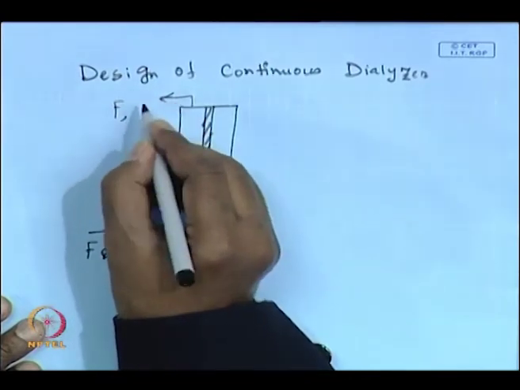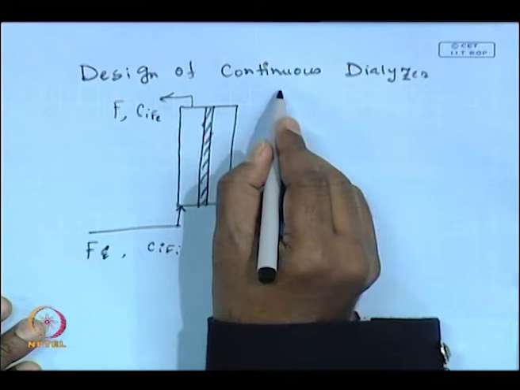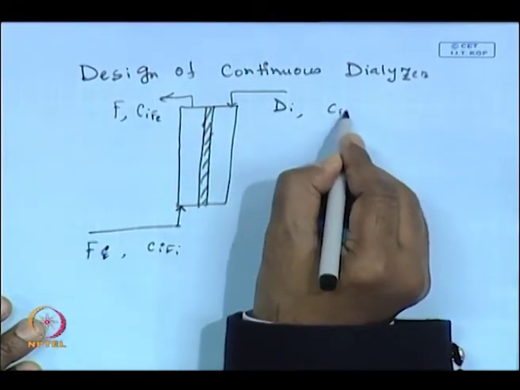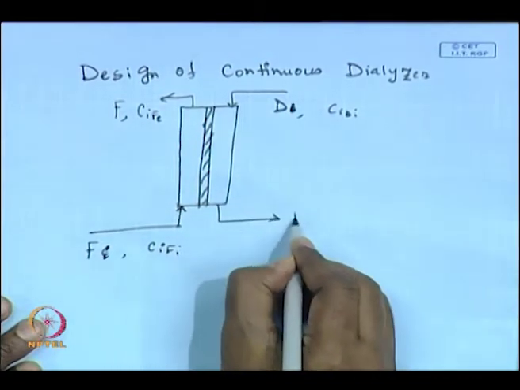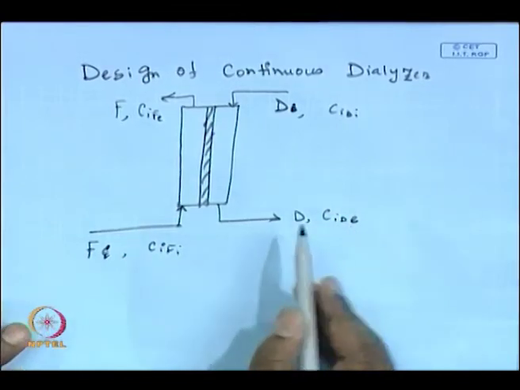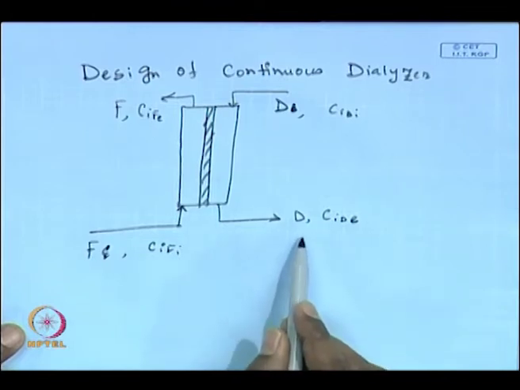Feed is CIF exit, dialysate flow rate D exit. So, F is the feed flow rate and D is the dialysate flow rate at the steady state.